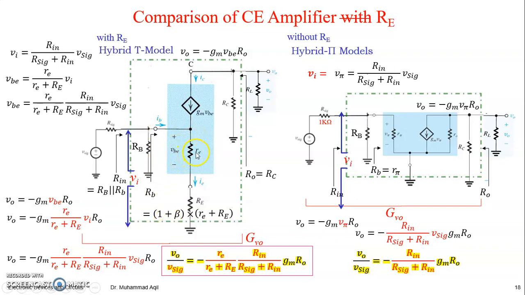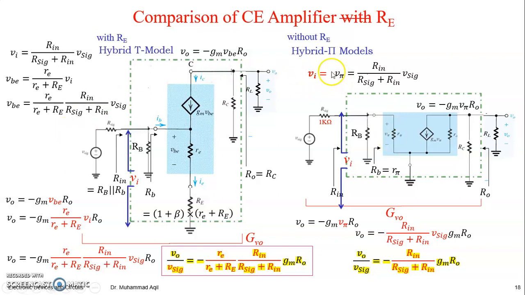Vbe is equal to re divided by re plus Re, times Vi. That's what we computed previously. So here Vbe is equal to a part of Vi, whereas here Vbe, which you can name Vbe or V pi because of the pi model, is directly equal to Vi.